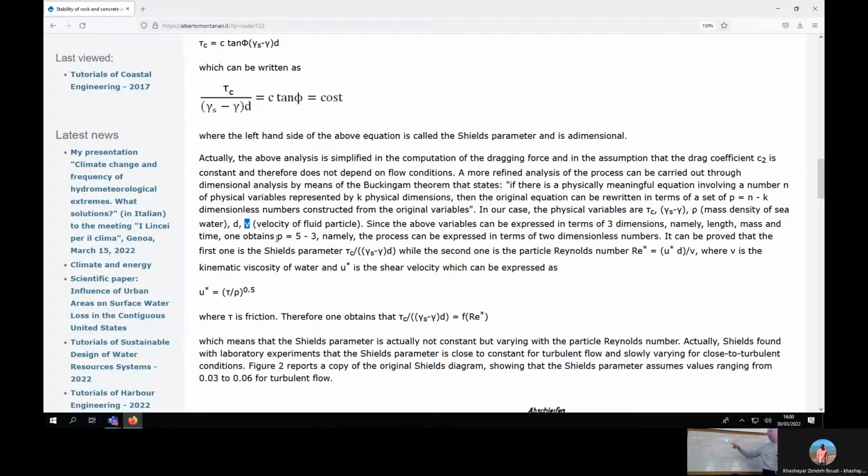I was not correct. In laminar conditions, given that you have a larger layer of water that doesn't move, you have more stability. And I try to clarify, I hope that I am. Let's suppose that it's horizontal. In turbulent condition, you have a lot of movement close to the bed.